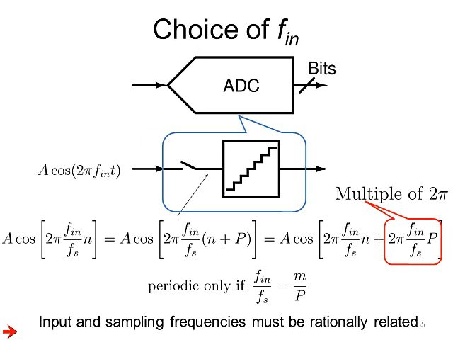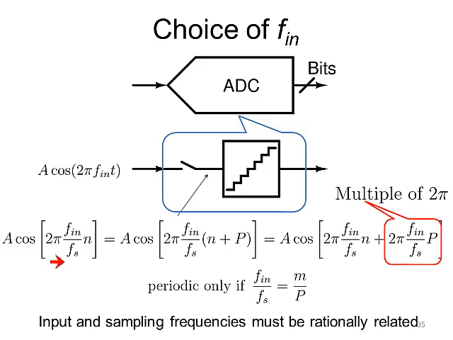Now, let's see what it takes for the frequency of the input to result in a periodic output of the ADC. If the input frequency is denoted by Fin, after sampling, the sequence is 2 pi times Fin by Fs times n.